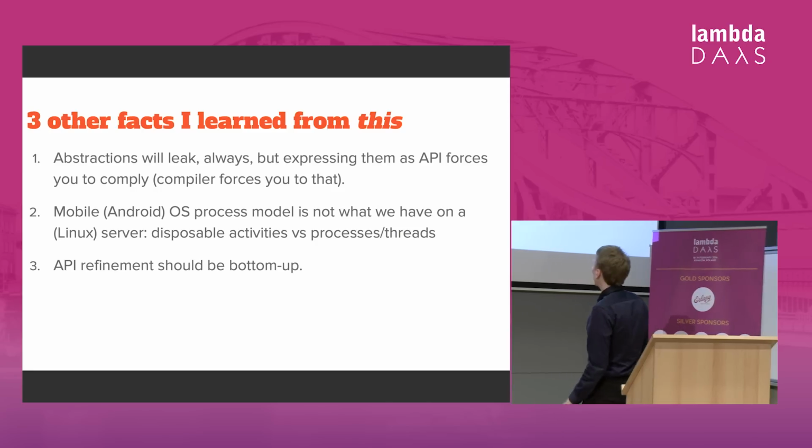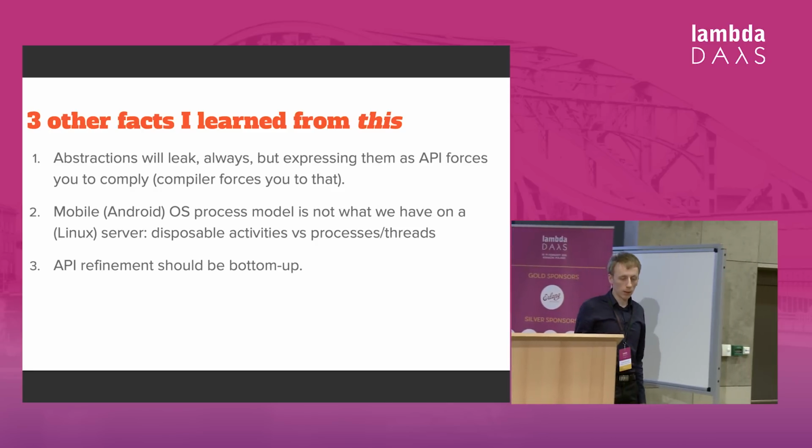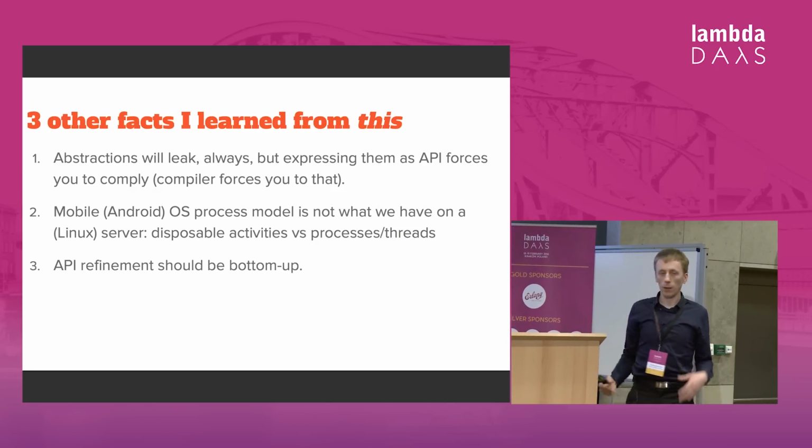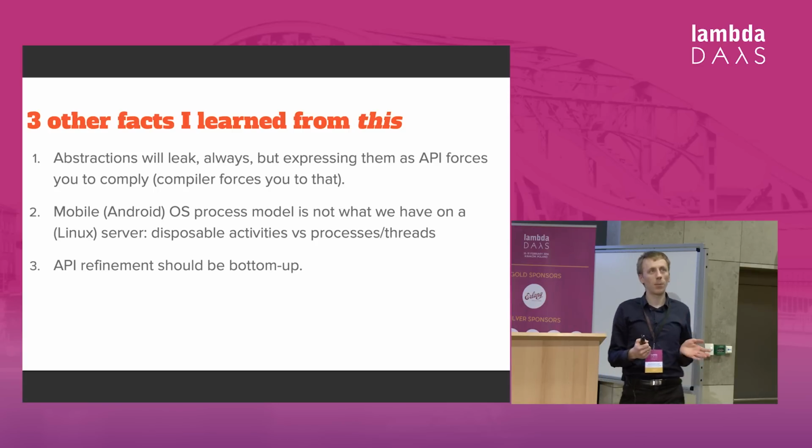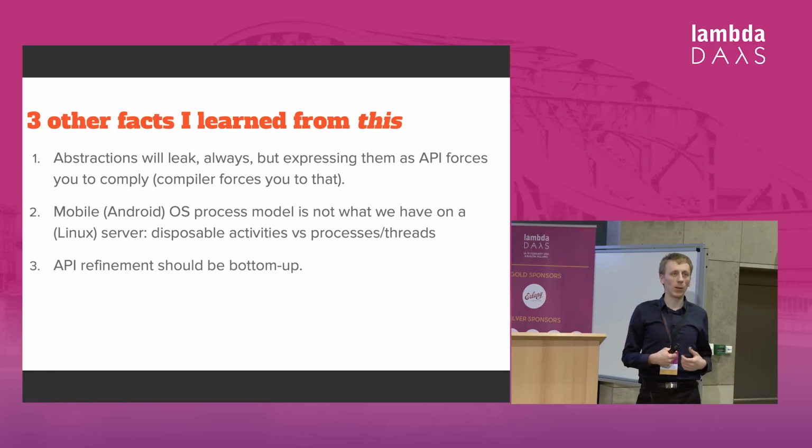And there are three other things I learned from my design, just to share with you. OK, every abstraction will always leak, right? We will find ways that this reactive streams API doesn't match. But it's not something where we should always try to implement and refine a new API.